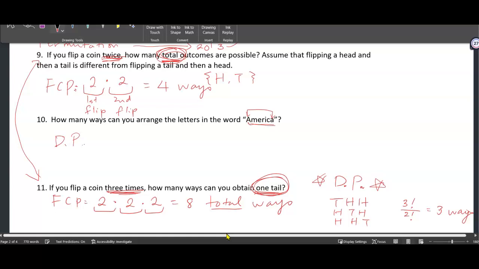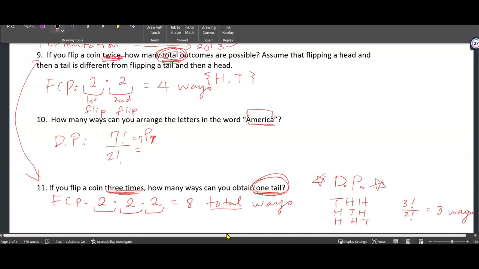So treat it as a permutation first, 7 factorial, right? And then take away the repeats, where order doesn't matter, which is 2 factorial. So that's how the distinguishable permutation works. It's treated as 7 permute 7, which is 7 factorial, and then you take away the partial part, where order does not matter.